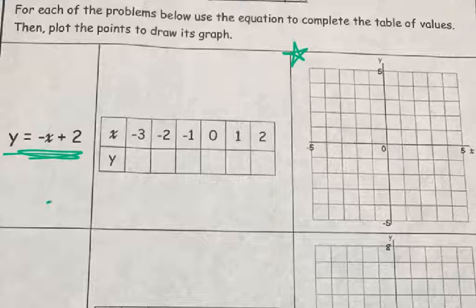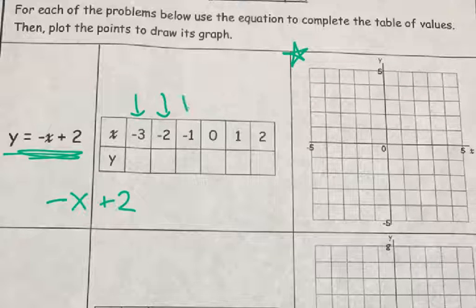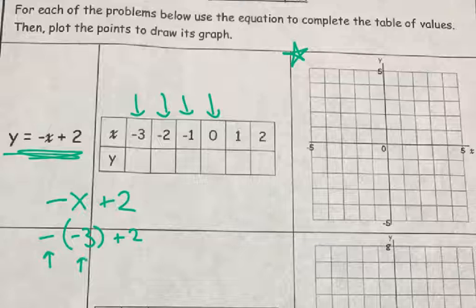You take negative x plus 2, and then you evaluate it for each of these different possible x's. So for the first one, negative 3 plus 2. Remember, negatives can mean like the opposite. So the opposite of negative 3 is positive 3, plus 2 is 5.